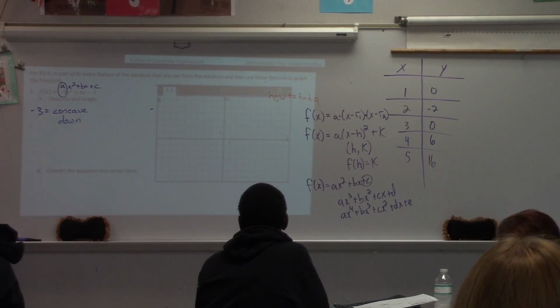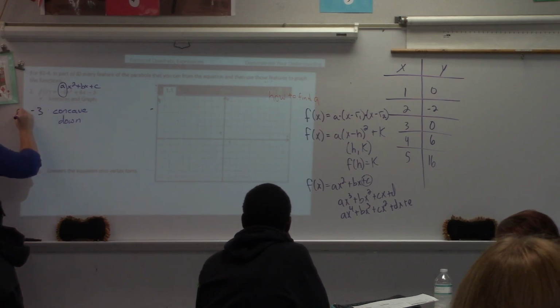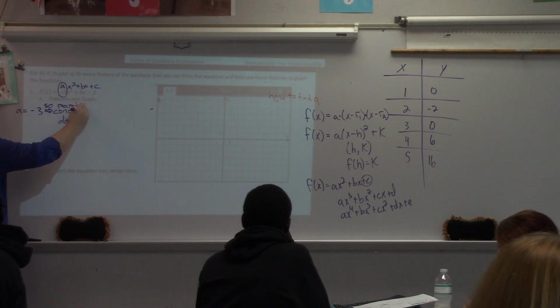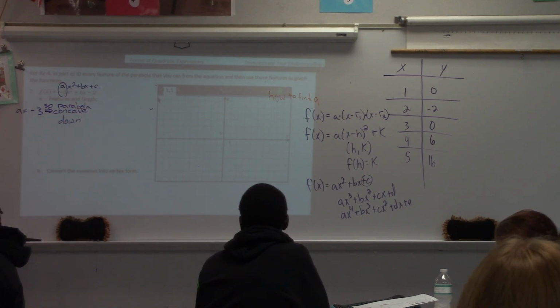Say again. So we got to remember, A is equal to negative 3. A is a number. A number is not concavity. Now, because A is negative, you could draw an arrow maybe, or say the word so, the parabola is concave down. But we got to remember, concavity is referring to the parabola, not a number. The number just tells us the concavity.